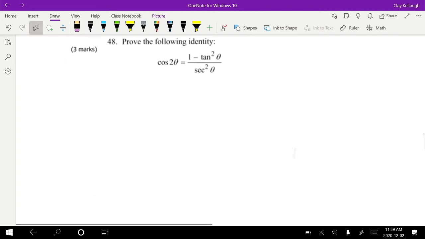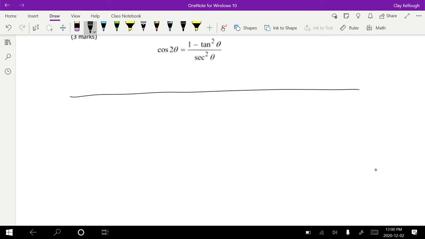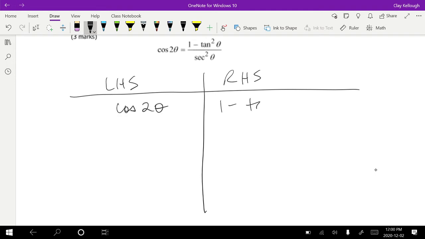All right, there we go. Let's prove that one. So my left-hand side is once again cos 2 theta, and my right-hand side is another interesting-looking one. So this is cos 2 theta and 1 minus tan squared theta over secant squared theta.